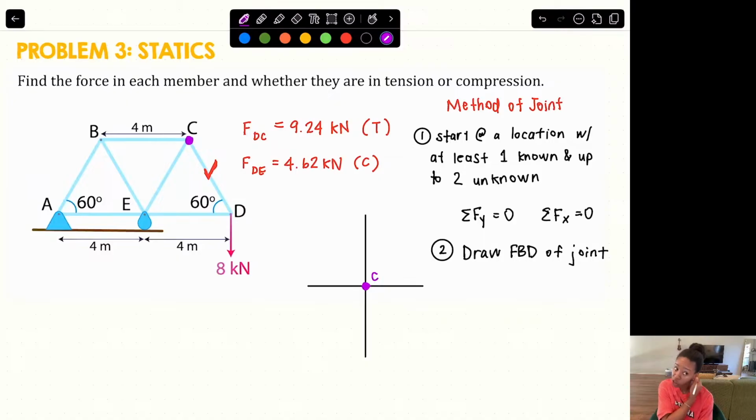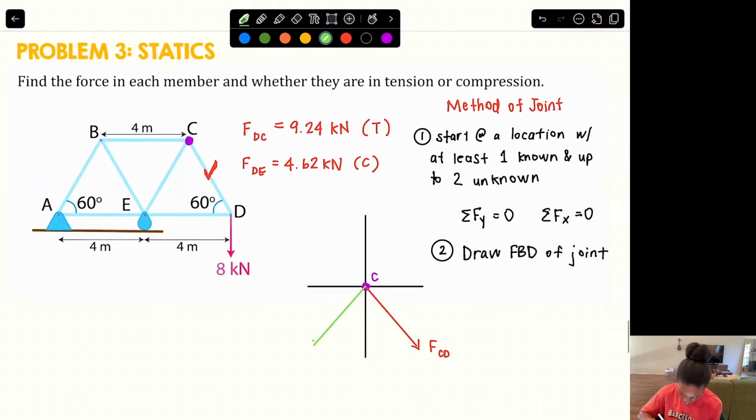What forces do we have at joint C? We have this known force here, FCD. We have an unknown force here. That looks symmetrical, right? So this is going to be FCE. And for the unknown forces, you're really just assuming the direction that they're in.